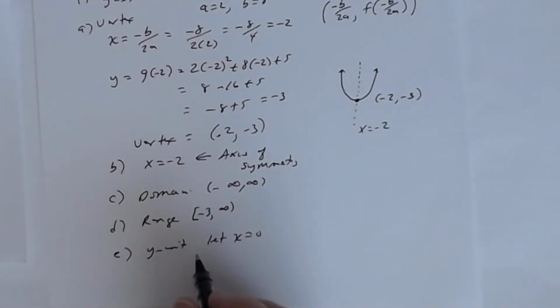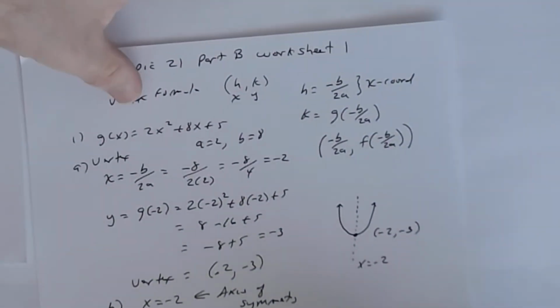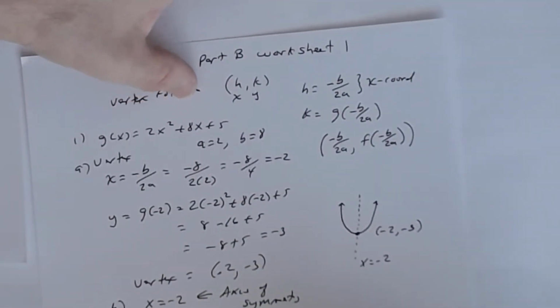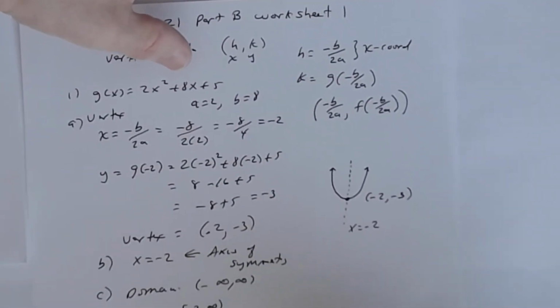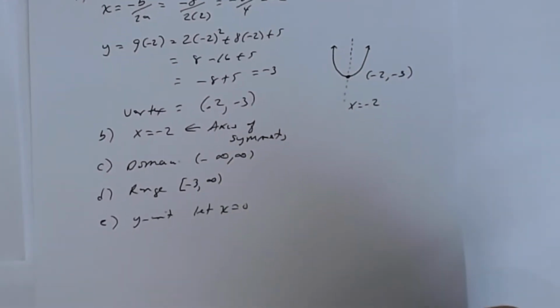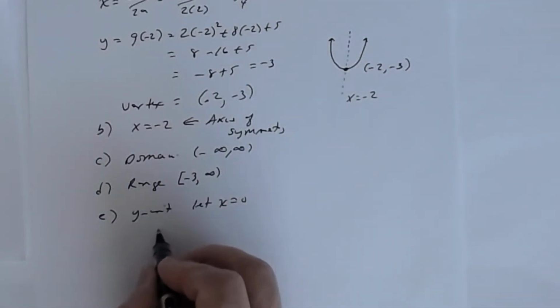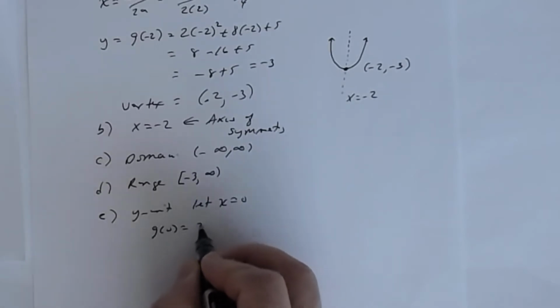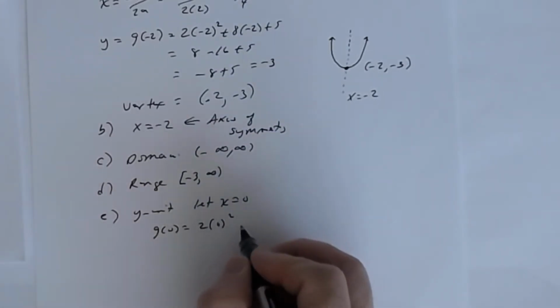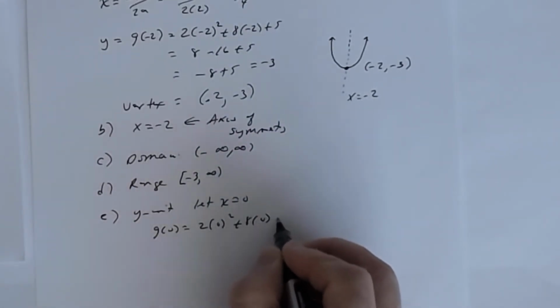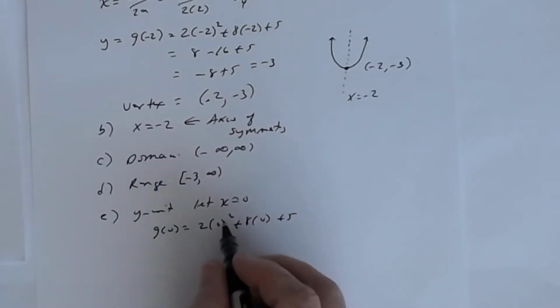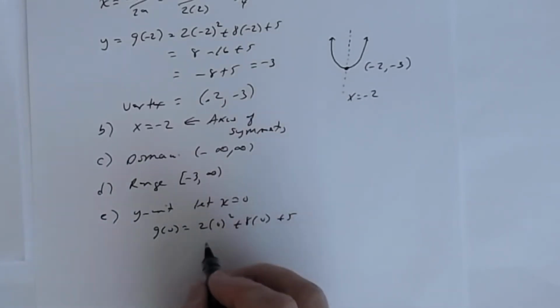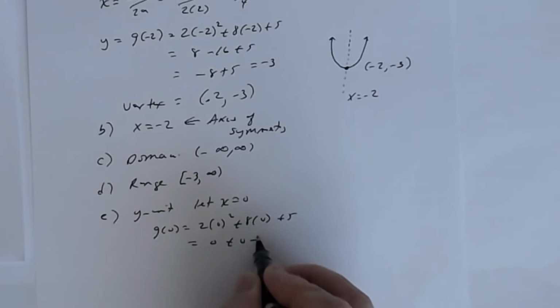Then you go to your function, and where we see the variable x, you let x be 0. So we get g of 0 is equal to 2 times 0 squared plus 8 times 0 plus 5.